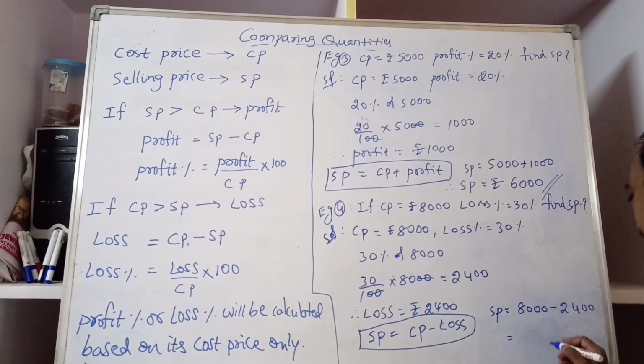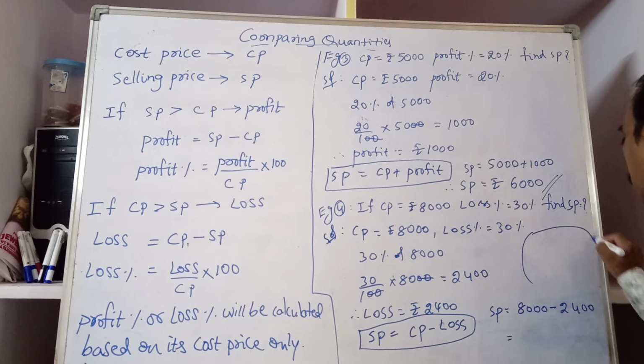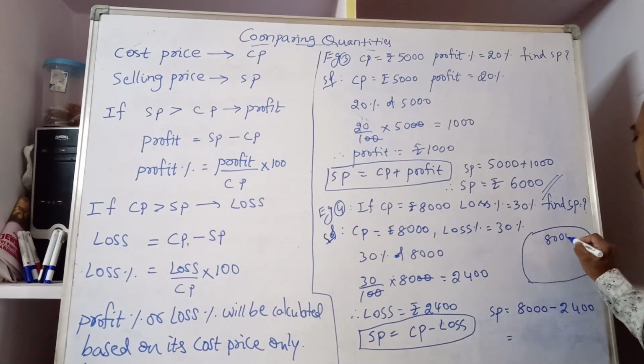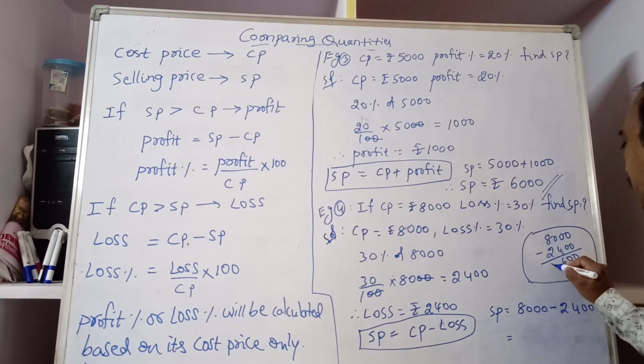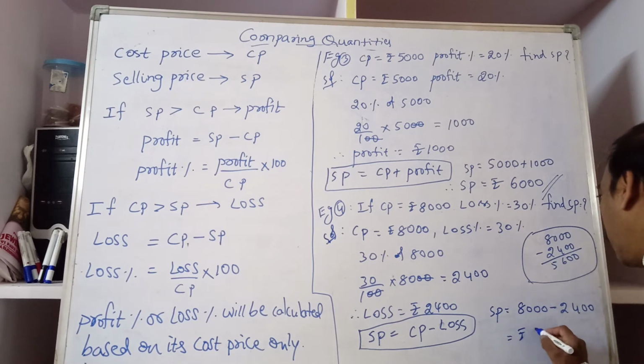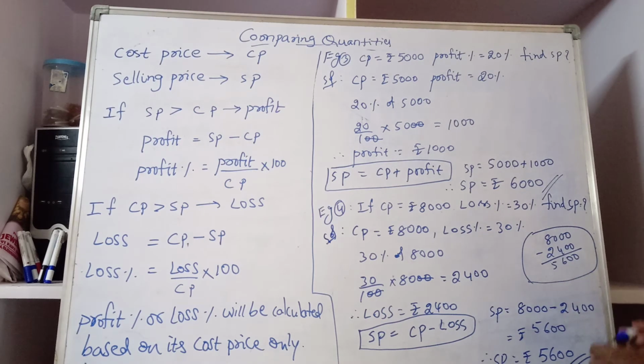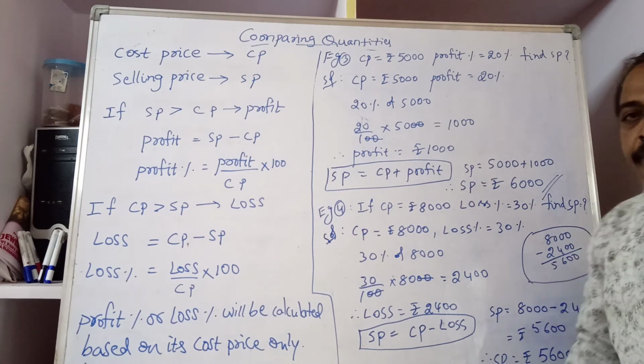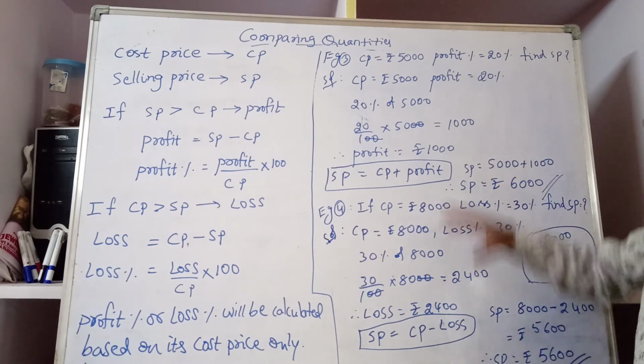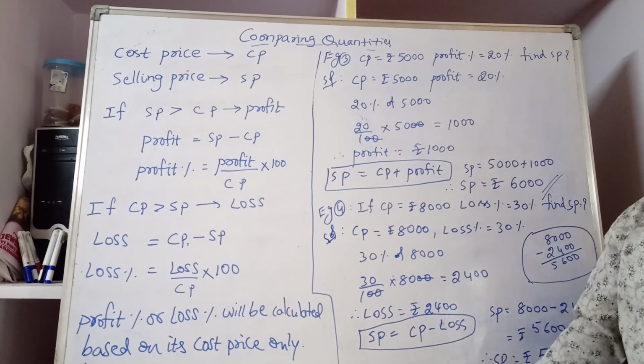So when you subtract, here I am doing the rough work. 8,000 minus 2,400. 0 borrowing. 10 minus 4, 6. 7 minus 2, 5. So rupees 5,600. So therefore SP is equal to rupees 5,600. So this is how we calculate when they give percentage of profit or loss when cost price is given.